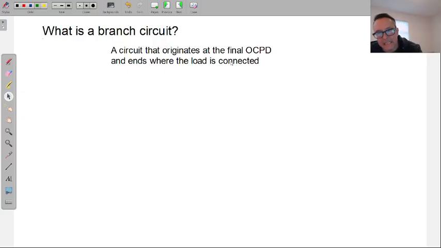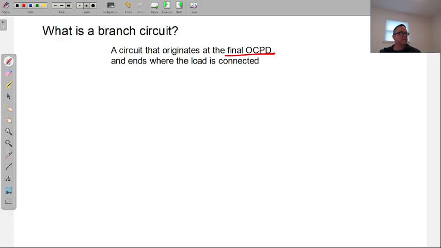There's where I've kind of reworded it a little bit. If you look at the exact definition in the code book, it's not that one, but it's using most of these words. So a circuit that starts at an overcurrent protection device, fuse or breaker, and ends where the load is connected. And specifically, the final overcurrent protection device. I'll explain that.